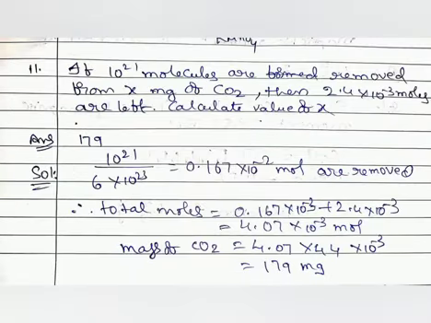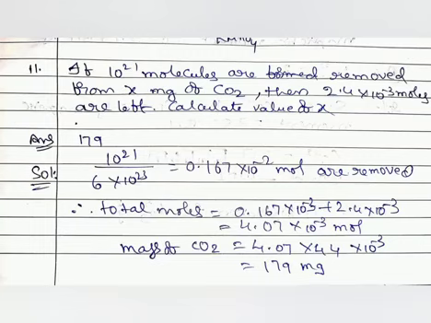If 10^21 molecules are removed from x milligrams of CO2, then 2.4 into 10^-3 moles are left. Then calculate the value of x. Interesting question from mole concept. So molecules we need to convert into moles by dividing with Avogadro number. Thereby you will get the number of CO2 moles that are removed.